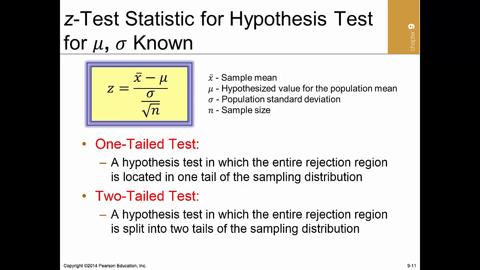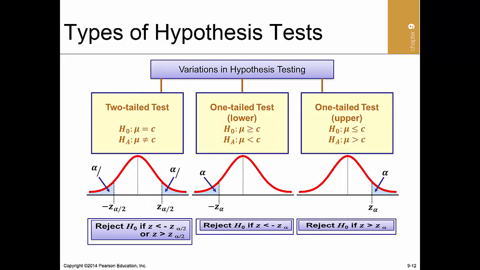So here you can see the three possible variations in hypothesis testing. On the far left we see a two-tailed test. Mu is equal to c for the null hypothesis, and the alternative, mu is not equal to c. So we have an upper and a lower region where alpha is split between two regions. In this case, if we computed a z-score that fell below negative z alpha over 2 or above z alpha over 2, we would reject the null.